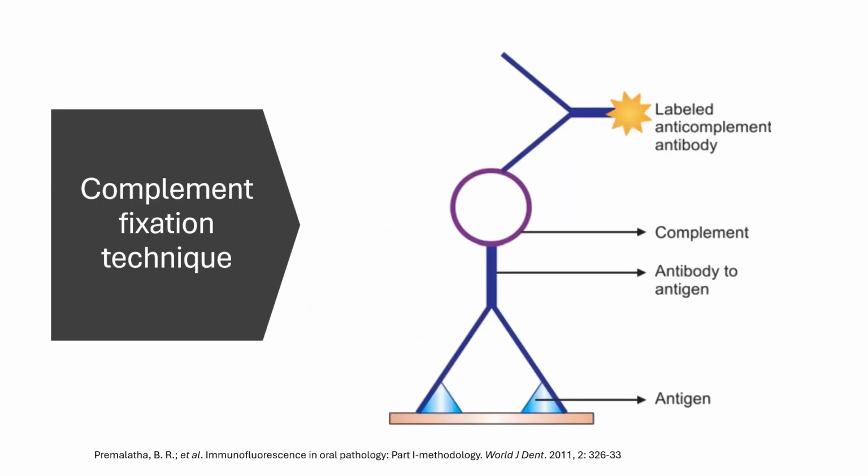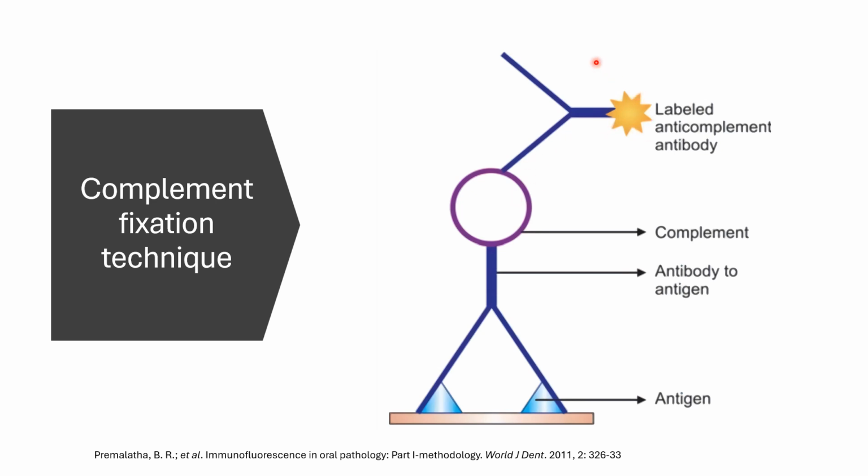Complement fixation immunofluorescence technique is a very sensitive three-step serological technique. Through this method, very small quantities of circulating antibodies are detected by means of their high affinity to fix complement. The complement can be demonstrated using the FITC-labeled anti-complement antibody.